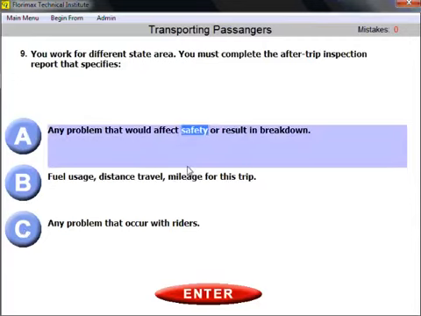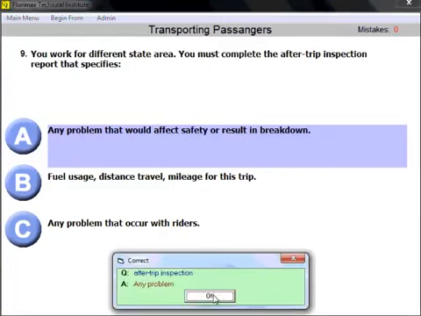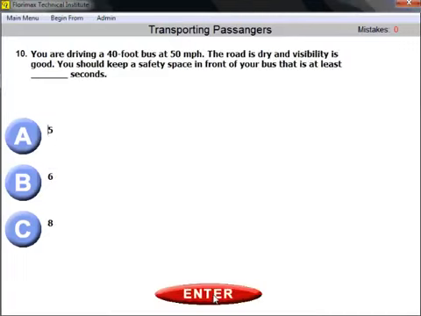Again, this is a keyword, a good word, helping you to find the right answer. Any problem that would affect safety, you should complete and put those problems into your report. All right, after trip inspection report, any problem that would affect safety.